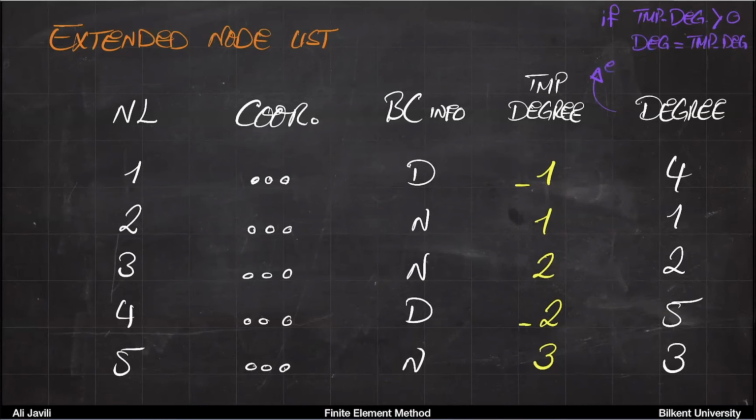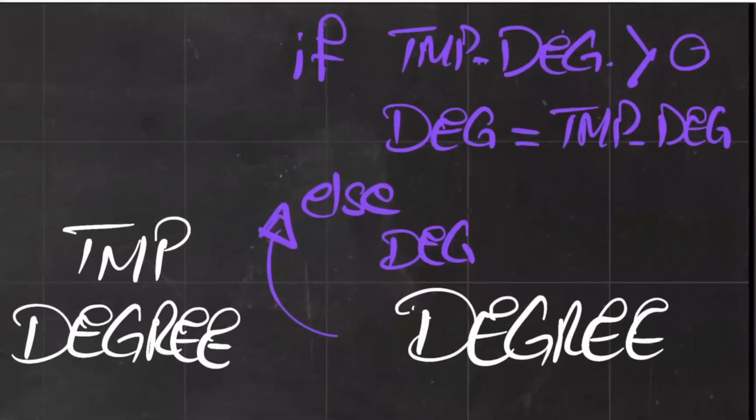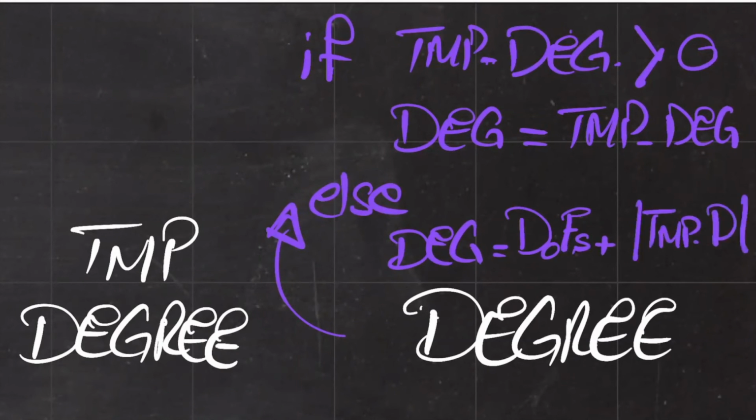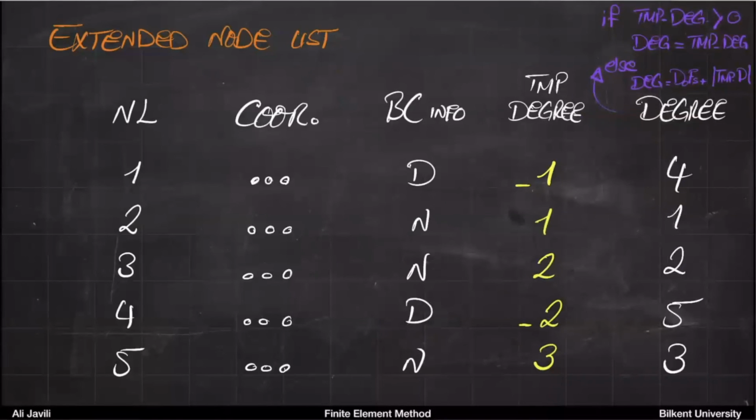If it is negative, so otherwise, you would say degree is DOFs, which is the maximum number of temporary degrees. And at this point, you know them anyway. So it's DOFs plus absolute value of temporary degree. Okay. And once you do that, you get this numbering. Does that make sense?